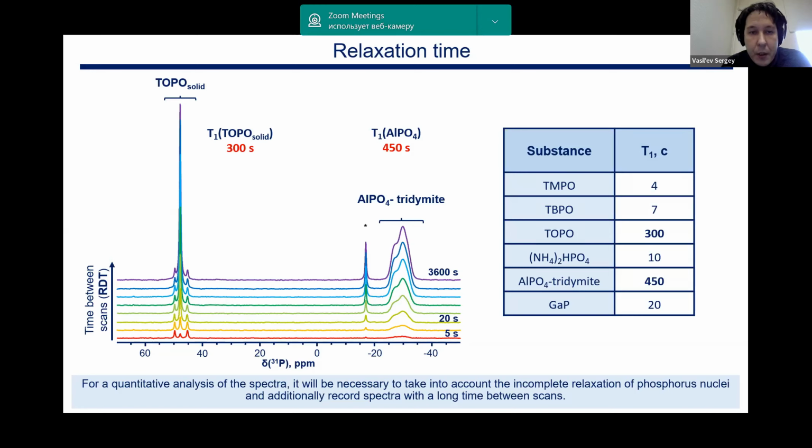So you can obtain the spectra with a much smaller pulse, for example, 5 degrees. So your relaxation delay can be lowered much. Sometimes this is called the Ernst formula for the repetition period. We know about it. We know about the Ernst angle, and right now we try to use it in our work.